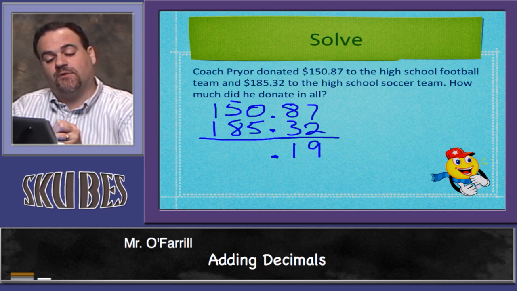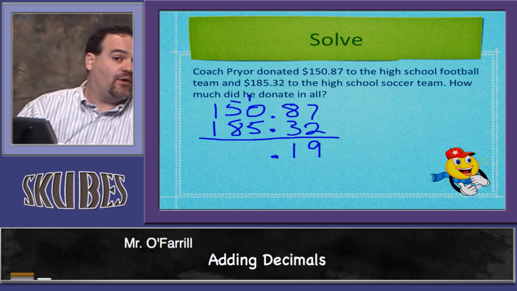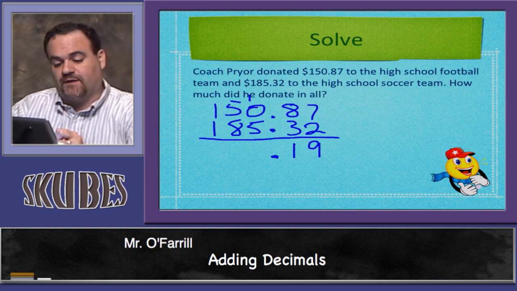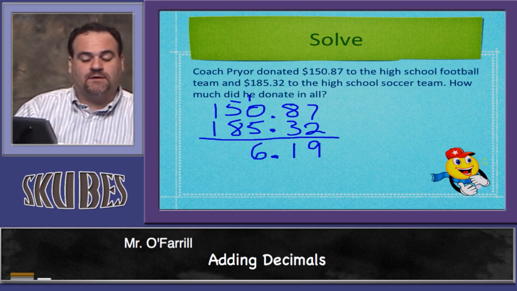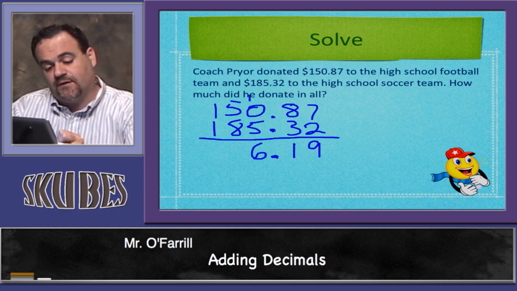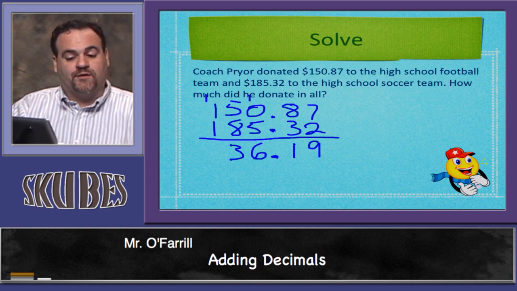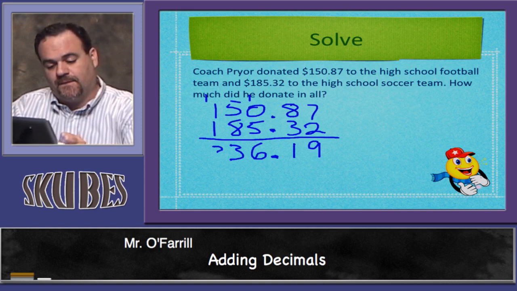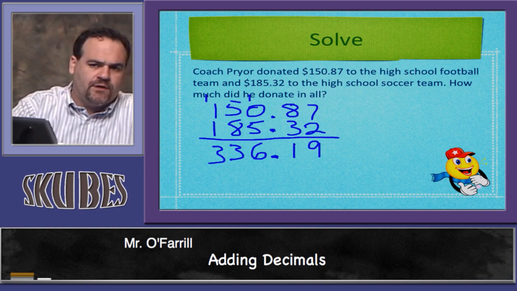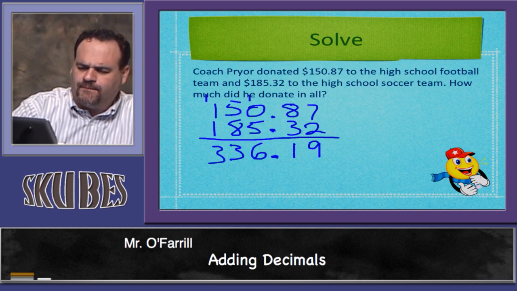The decimal point stays where it is, and we carry over that 1. 1 plus 5 is 6. 8 plus 5 is 13. Carry that 1 over. 1 plus 1 plus 1 is 3. 336.19.